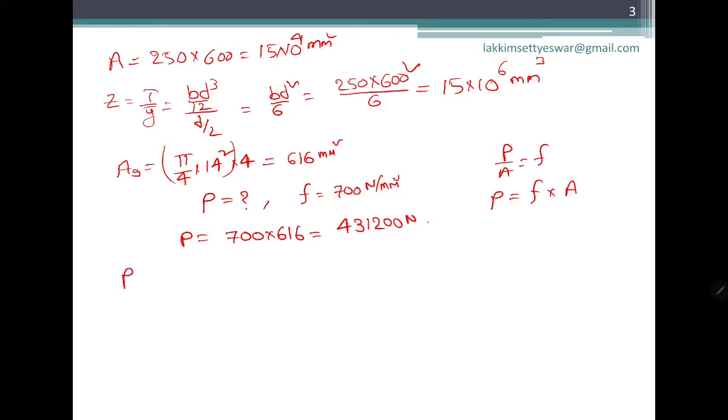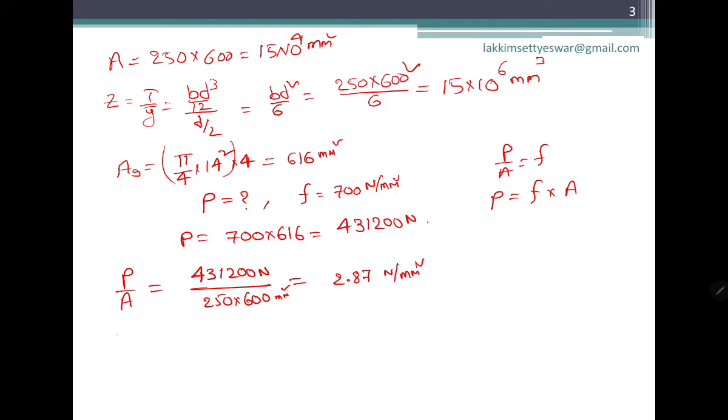Let's calculate P by A. P by A means direct stress due to pre-stressing force. So 431,200 Newton divided by area of the rectangle 250 into 600 mm square. So answer is 2.87 Newton per mm square.